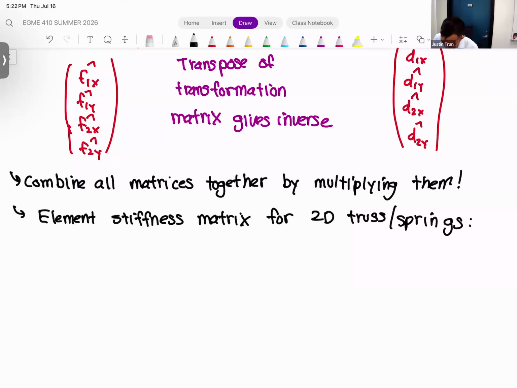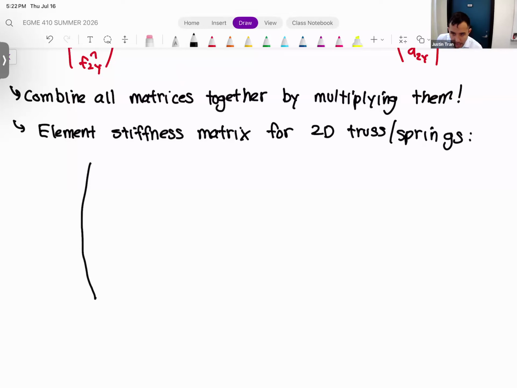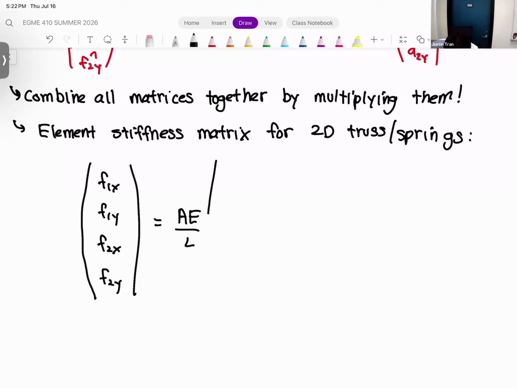So it looks like the following. We still have our vector of forces here. Now these forces are in the stationary coordinates: F1x, F1y, F2x, F2y. This is equal to A times E divided by L. That factor is just along for the ride the entire time.